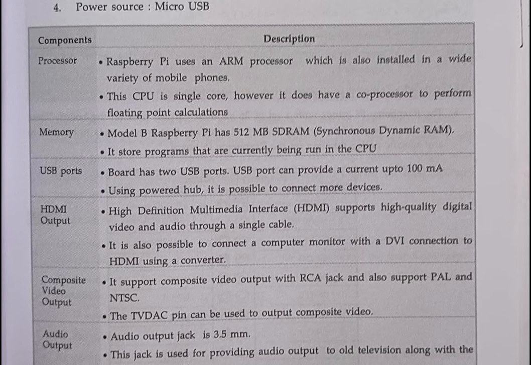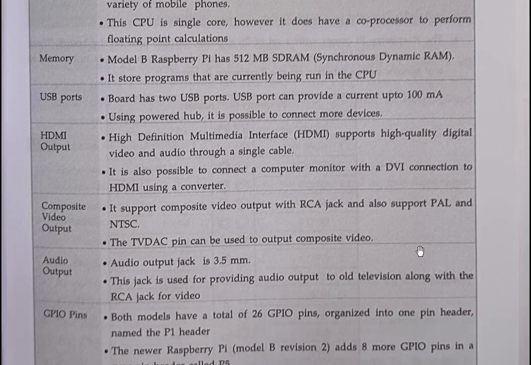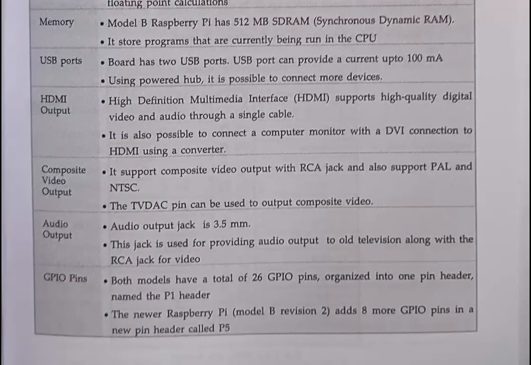Then HDMI output, the high definition multimedia interface, supports high quality digital video and audio through a single cable. So if we use an HDMI cable, we don't need any audio cable to get the audio, because the HDMI cable has an audio pin.